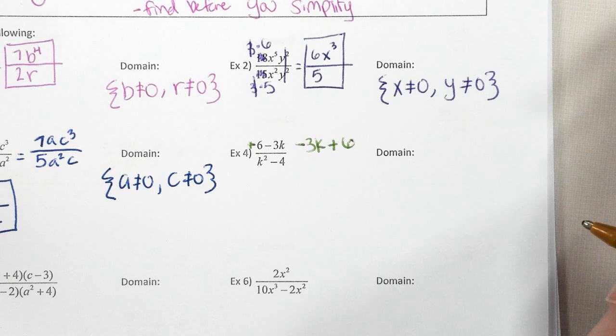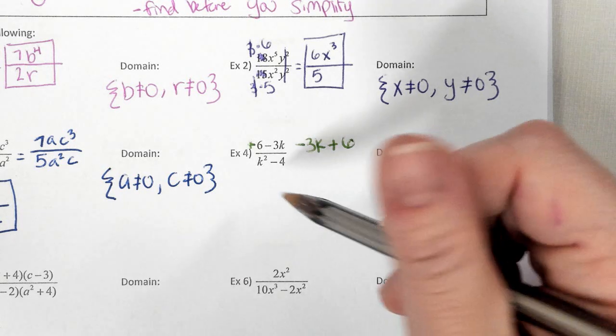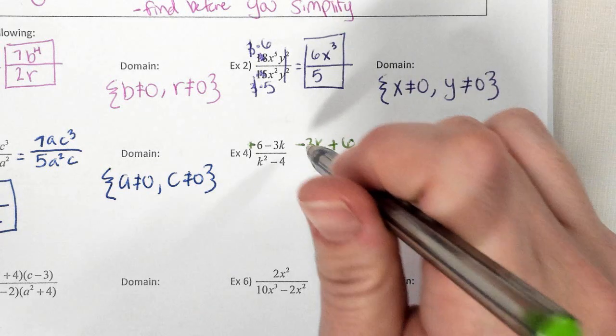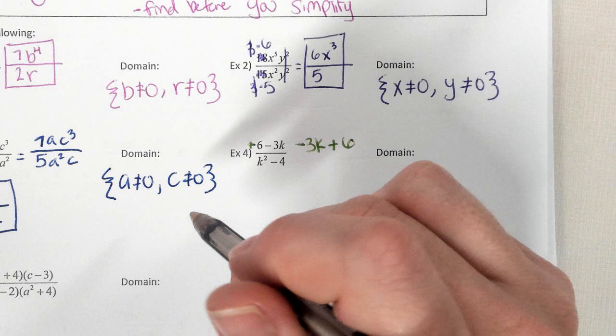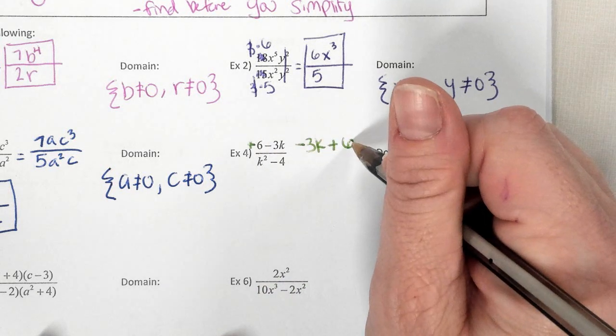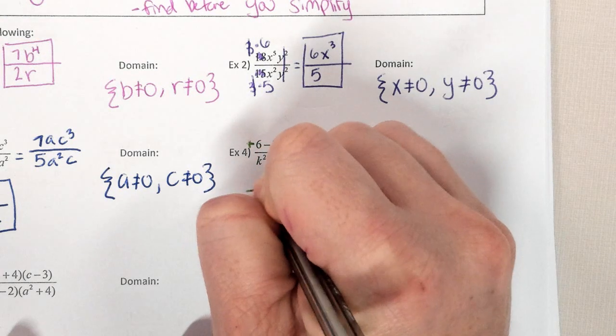Now I have to check for a GCF. Does it have a GCF? What is the GCF? 3. But what kind of 3? Why is it going to be negative? It's because the first term is negative. Do y'all remember that? When your first term is negative, you have to take out a negative. Even if your 3 was here and your 6 was there, it would still be negative 3. So negative 3 is my GCF.